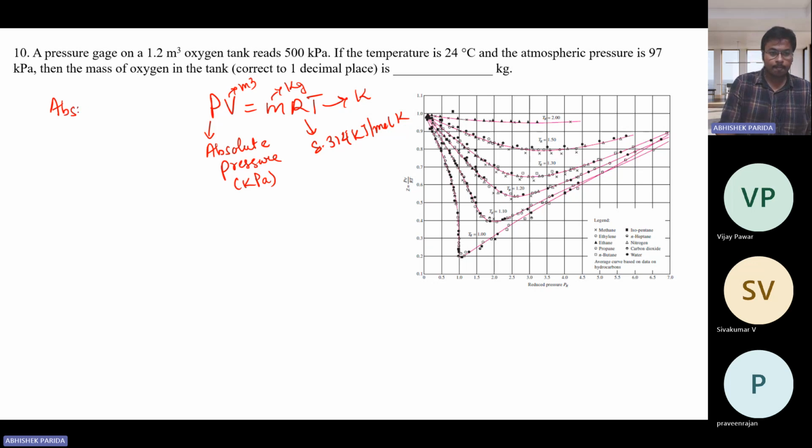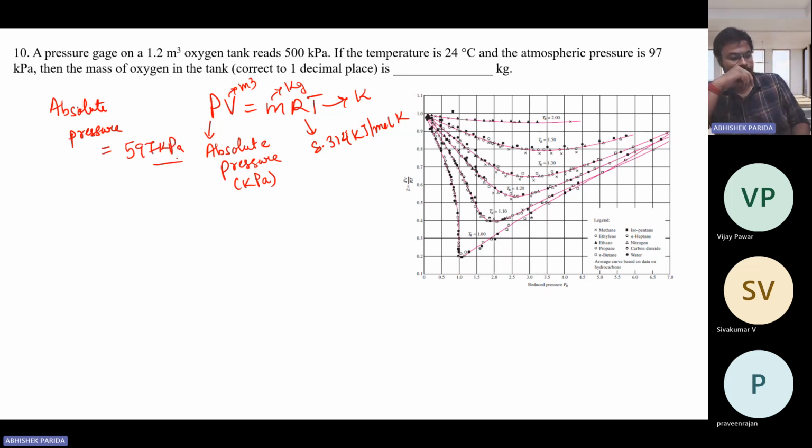Absolute pressure is 500 plus 97, is 597. 597 kilopascal is the absolute pressure. Okay, what after that? R, which is equal to R universal divided by molecular weight of oxygen, sir.